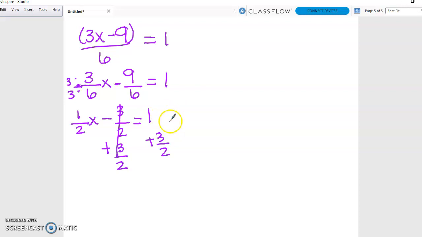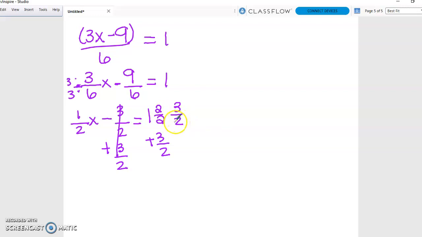Remember, when you're adding fractions, one of the most important things is that the denominators have to be the same, right? So in order for these denominators to be the same, I have to multiply this 1 by 2. All we're doing is making this 1 into 2 over 2, because in order for us to have the same denominator, we have to make this 1 into 2 over 2.